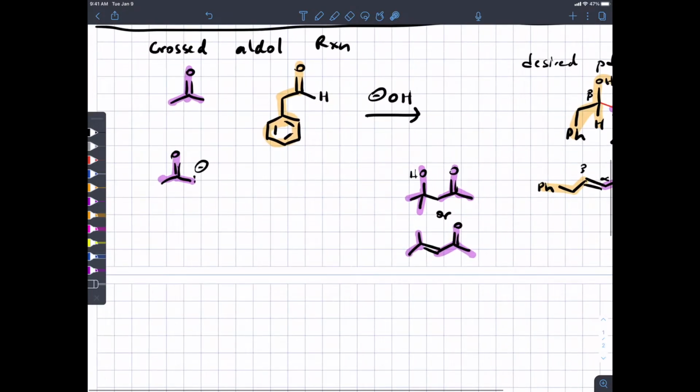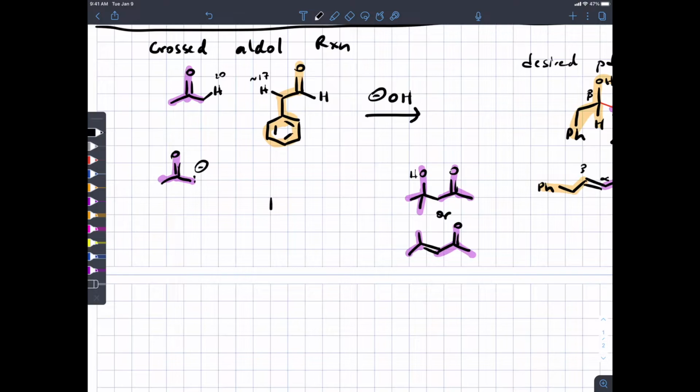Take a look at the protons of the ketone versus the alpha proton on the aldehyde. Is it reasonable to make some of the aldehyde enolate too? Sure. The pKa's of the ketone versus the aldehyde are 20 to around 17. So you might even argue that there would actually be more of the aldehyde enolate than of the ketone enolate.